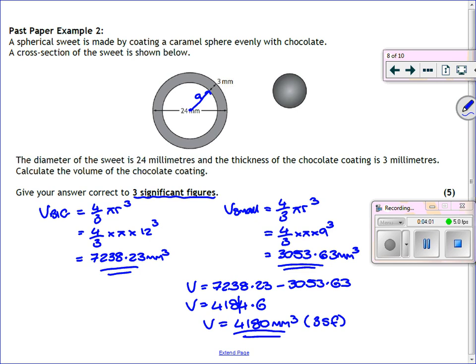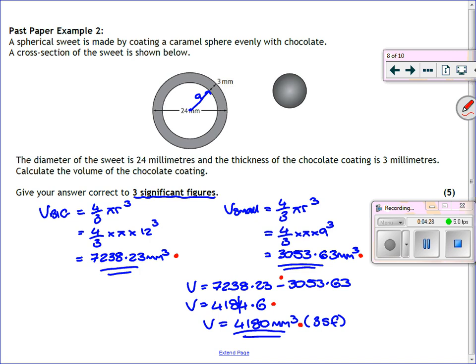Same as the previous example, we get a mark for calculating the big volume, a mark for calculating the small volume, a mark for knowing to carry out a difference of two volumes, taking one away from the other, a mark for doing that correctly, and then a mark for the final answer, correct with the correct units and rounded correctly.